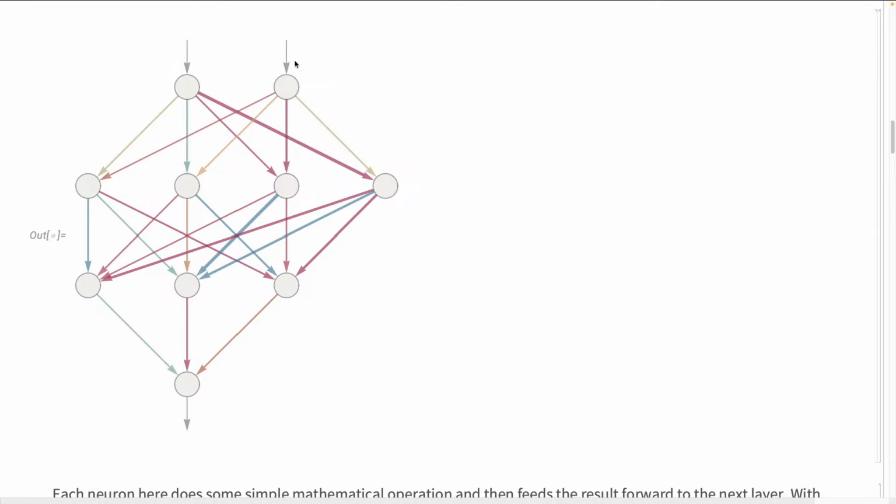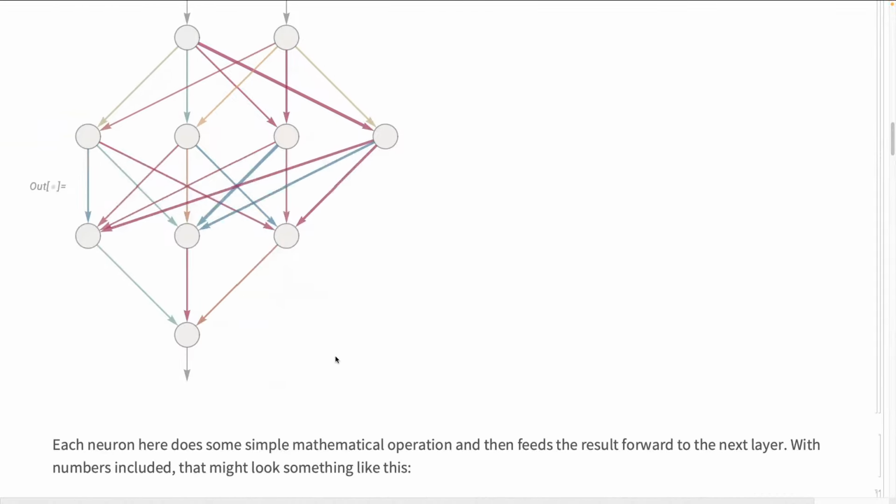You've got some input signals here, say X and Y. Those come in, and this is the first layer here. And then these 2 neurons send some signal forward to the neurons in the next layer. Those go down. These neurons send some signals to the neurons below, and so on until you end up with an output which is either 0, +1, or -1.